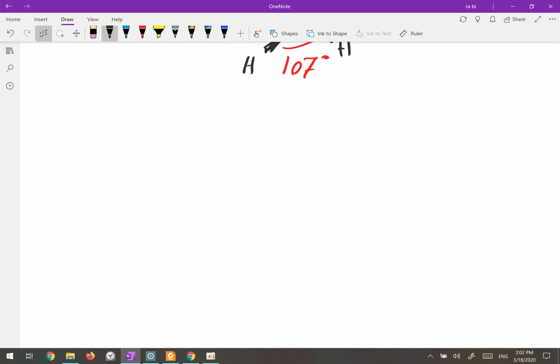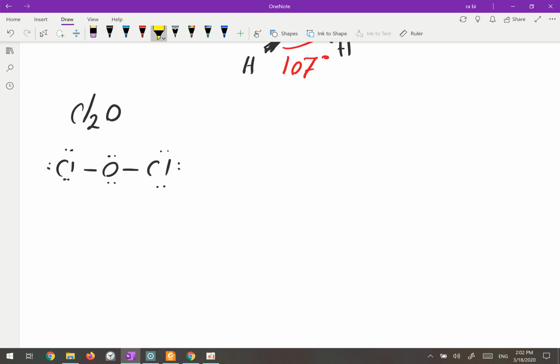Okay, the last molecule that I hope you have drawn is Cl2O. Its Lewis structure is like this. You can see in all of these, it's very important to know the Lewis structures. So work on the Lewis structures very well.